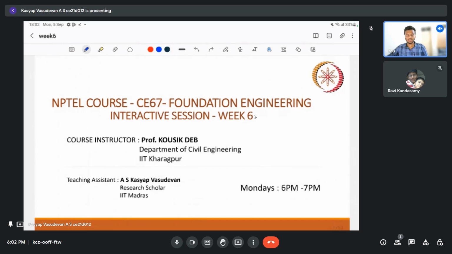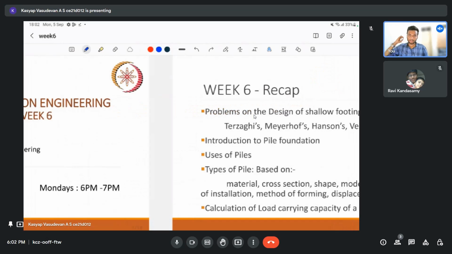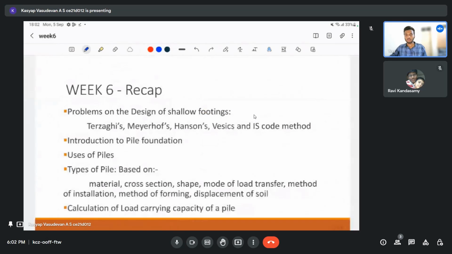Okay, so we'll be discussing the contents of week 6. As usual, let us begin with a recap. We began week 6 with the problems of design of shallow footing and the different methods we have, the primary one being Terzaghi's method, which is very simplistic and very fast.